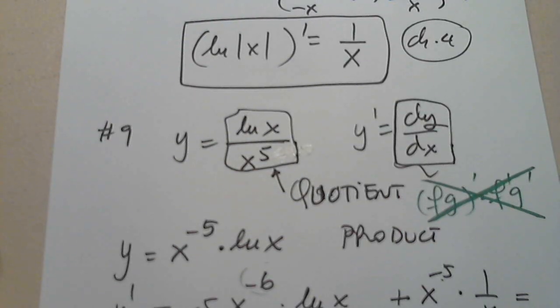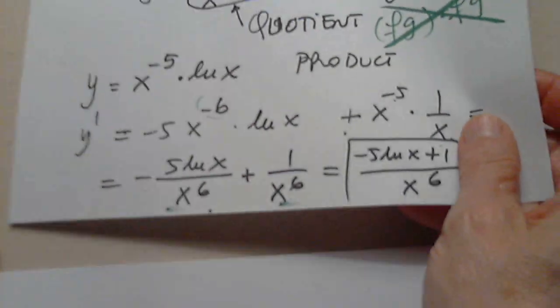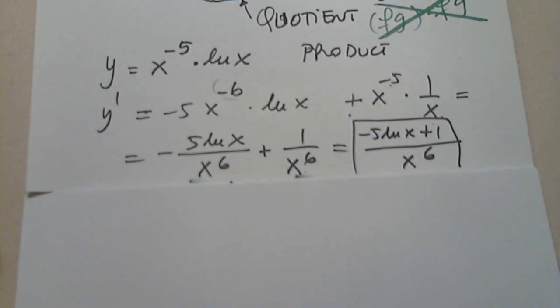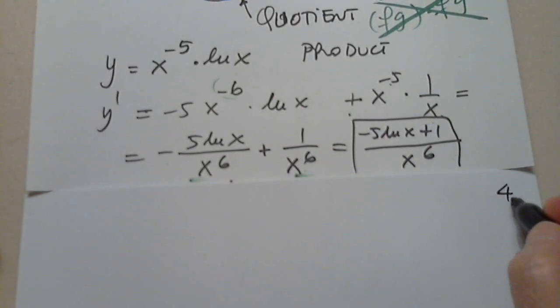Now you can ask, why did you change it into a product? Because most of the time, the product will be easier to manipulate or simplify. Let's look at how it looks with the quotient rule. I just wanted to show an alternative. Both are correct.